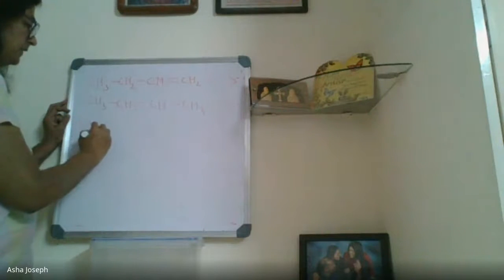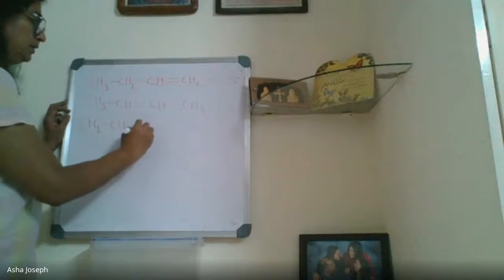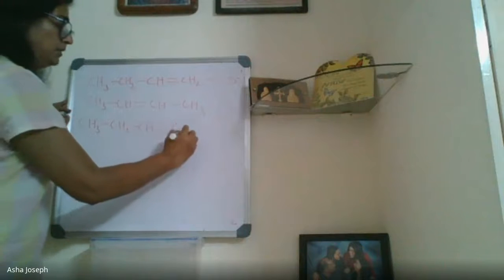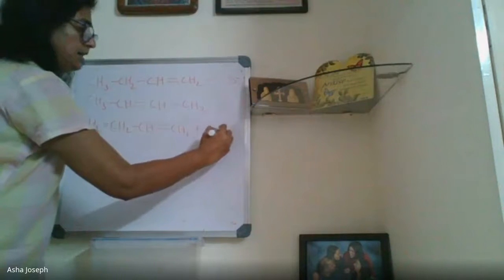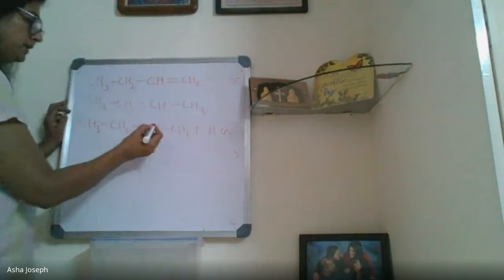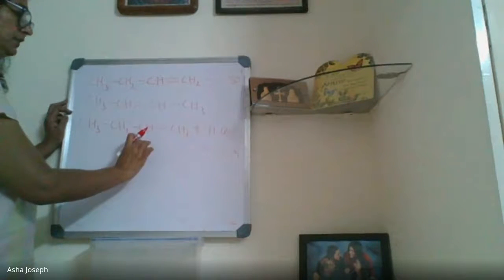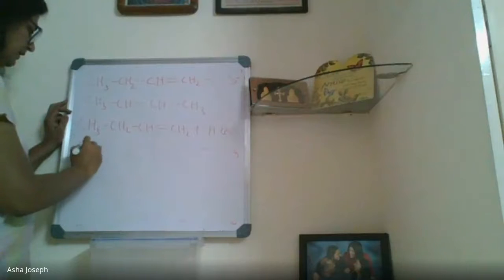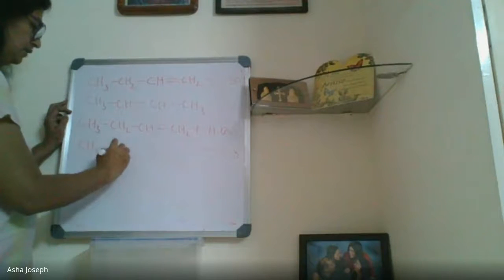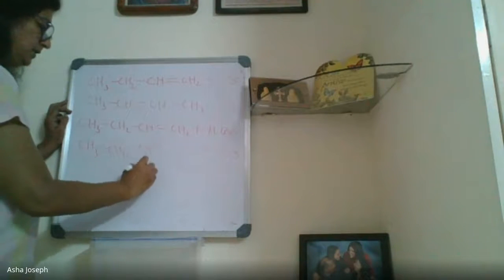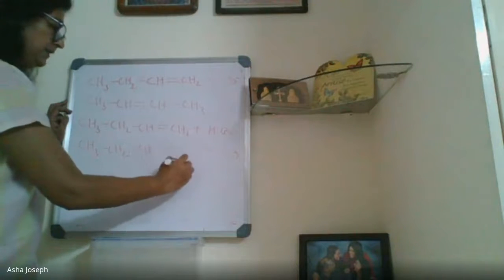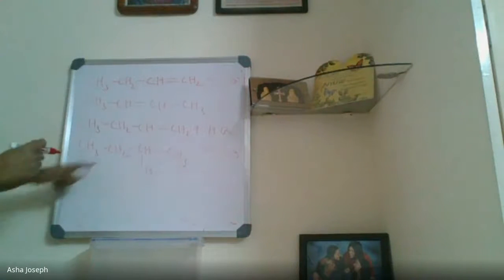So CH3, CH2, CH, double bond CH2 plus HBr. Markovnikov's because I want it here. Then CH3, CH2, CHBr, CH3 is formed.